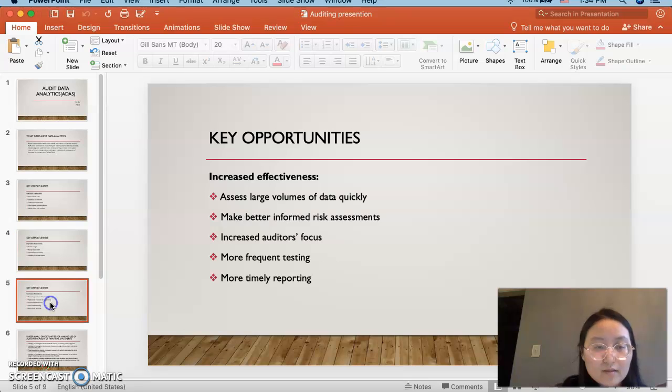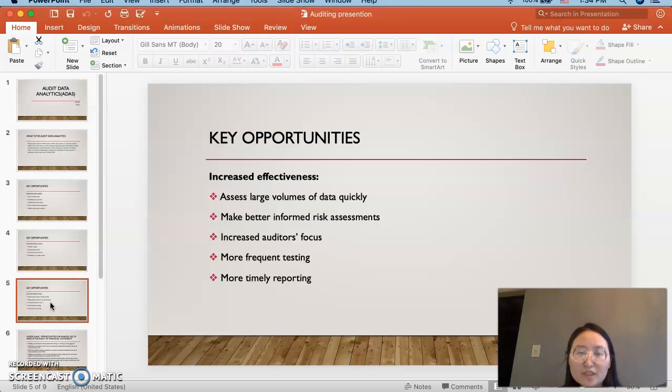Okay. In increased effectiveness, data analytics can be used to evaluate and assess large volumes of information quickly and can result in a better understanding of the entity and its systems.